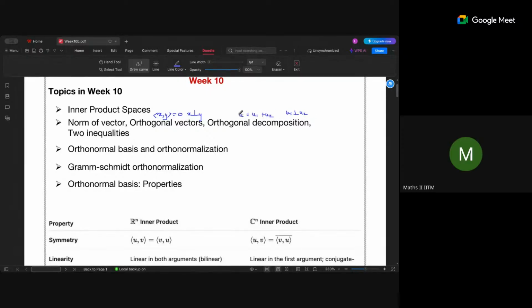We have seen this in the previous session, and we have seen some inequalities as well, right? The parallelogram identity, the triangle inequality, and I guess the other one was... Can anyone remember what was the other inequality?